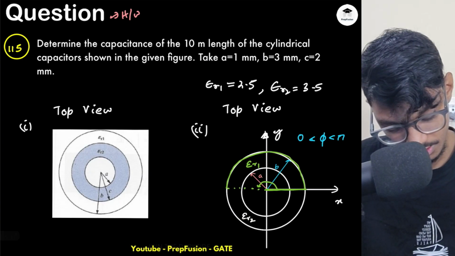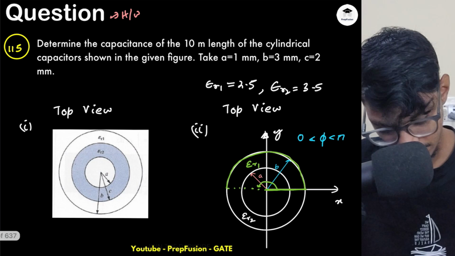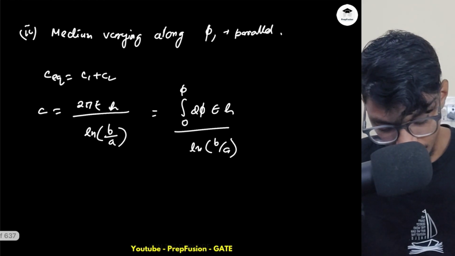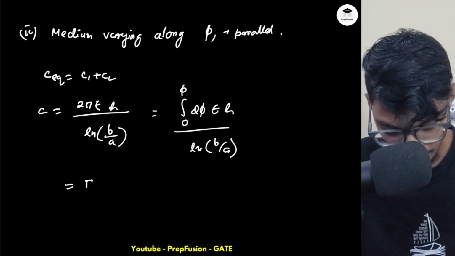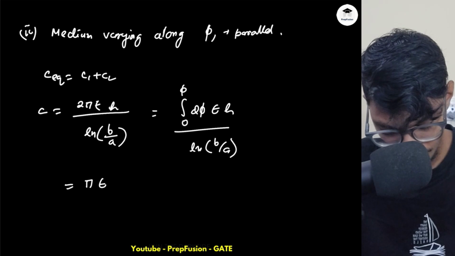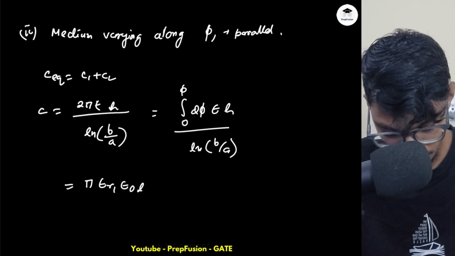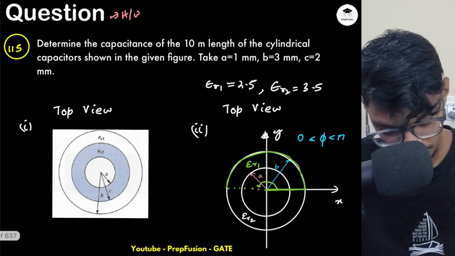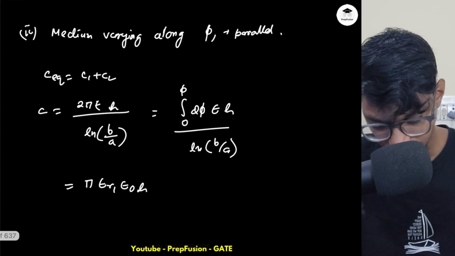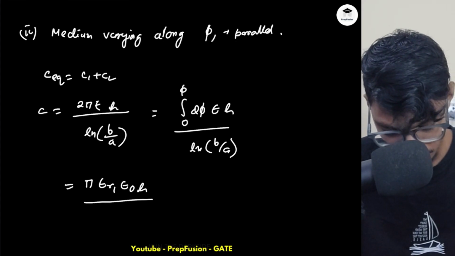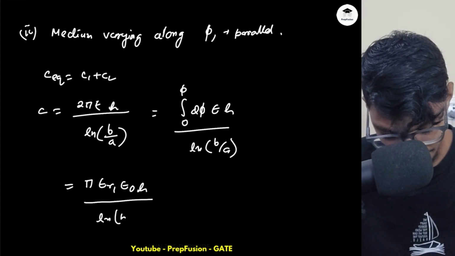Okay, yeah, b by a. B is 3, a is 1. So the first one will be pi epsilon r1 epsilon naught, because this is epsilon r1 I believe. Yeah, this is epsilon r1, yes. H divided by ln b by a.